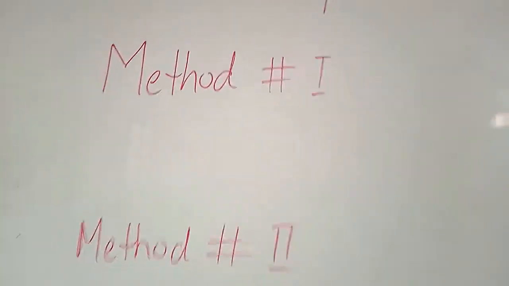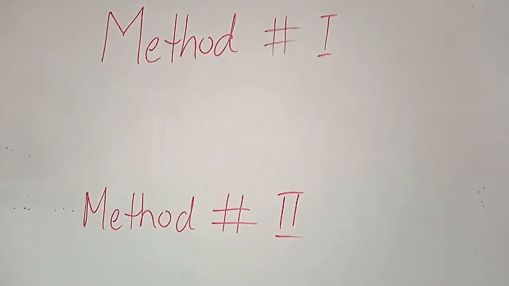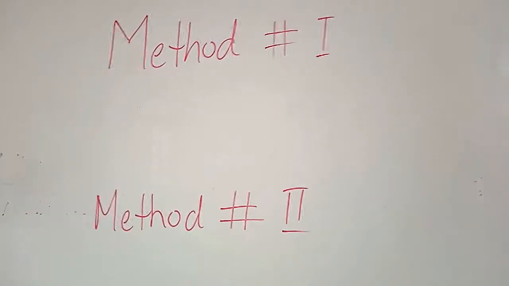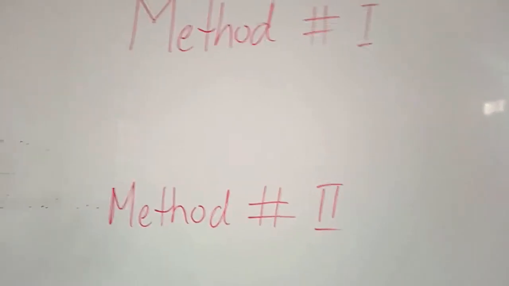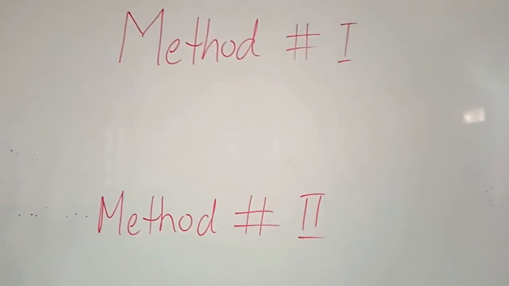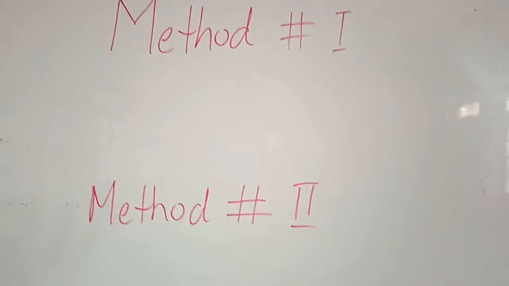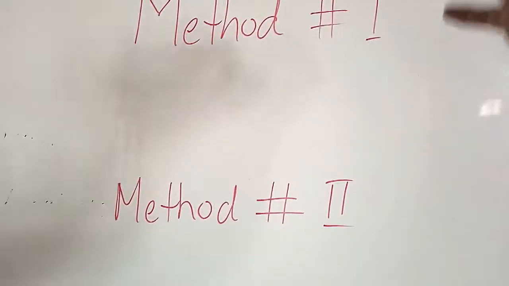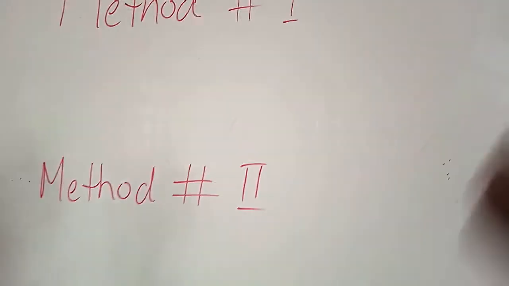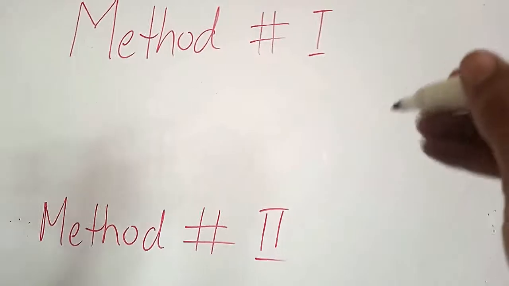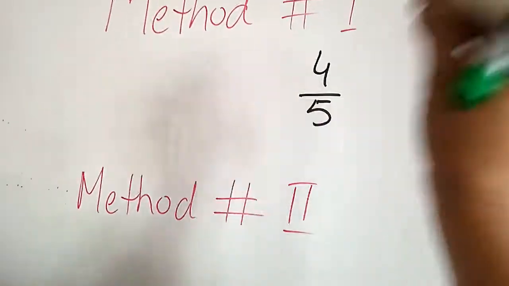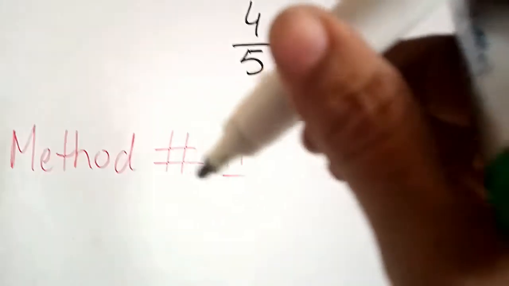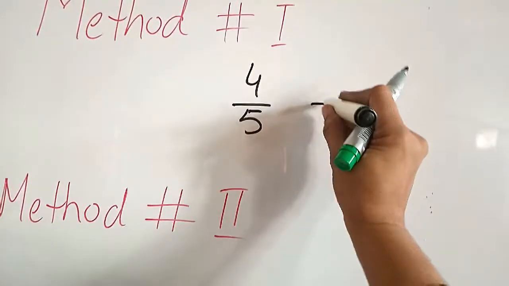Okay, now we will discuss the methods of percentage. We are having three methods, but I will just discuss method number 1 and 2 only, which is according to your level, class 5. First of all, I will tell you about method number 1 and then method number 2. Suppose we are having the number 4 by 5, that is 4 divided by 5, and you want to find the percentage.